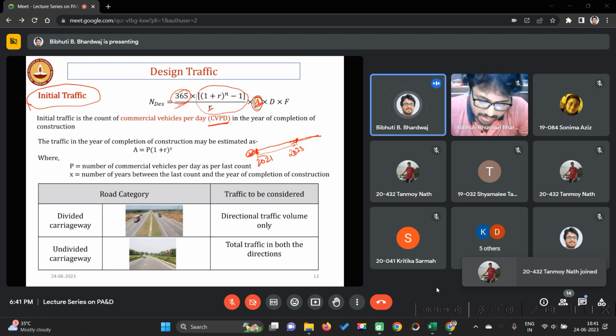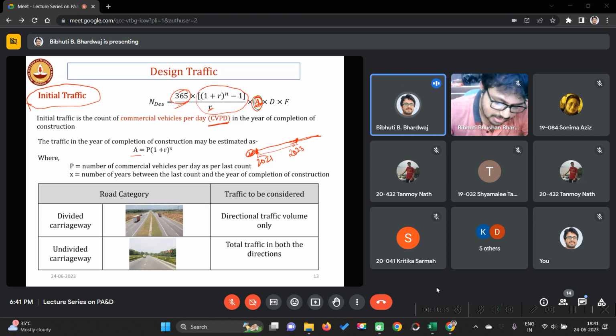So in order to take care of this growth, this formula is used. This A is basically P into (1 plus R) to the power X, where X is the number of years between the last count, that is 2021, when you counted for the last time before starting the construction, and the year of completion of construction, that is 2023.